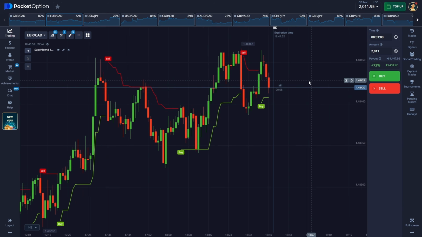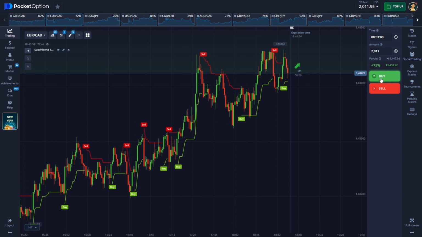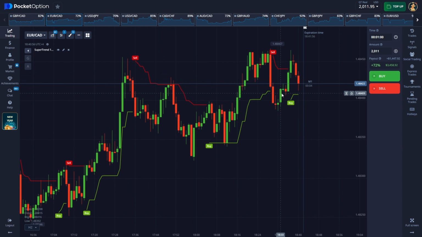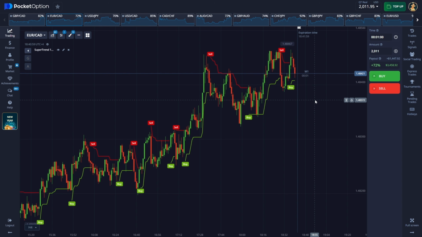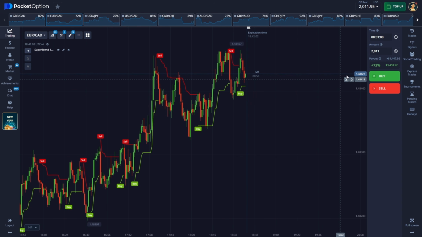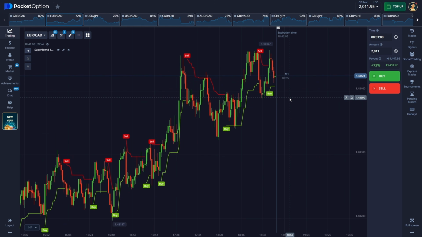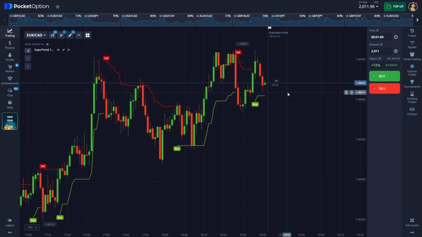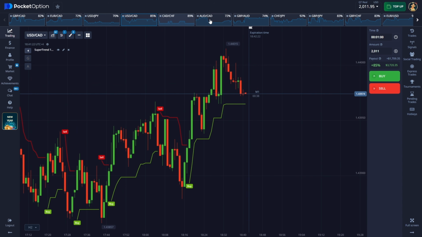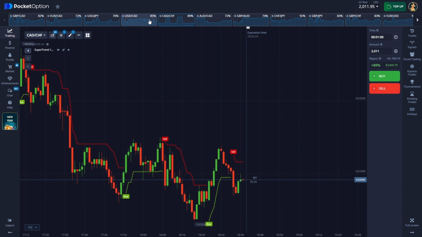On EURCAD, we have a signal for an upside move. I'm waiting for the entry. Okay, the candle reversed and became a green candle, so we'll avoid that trade.